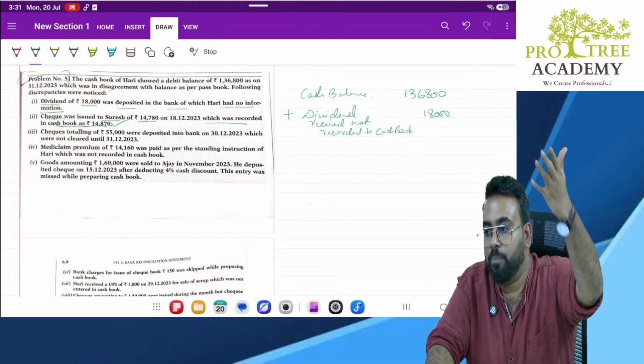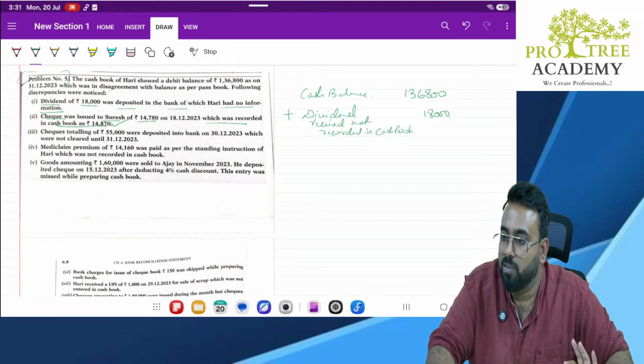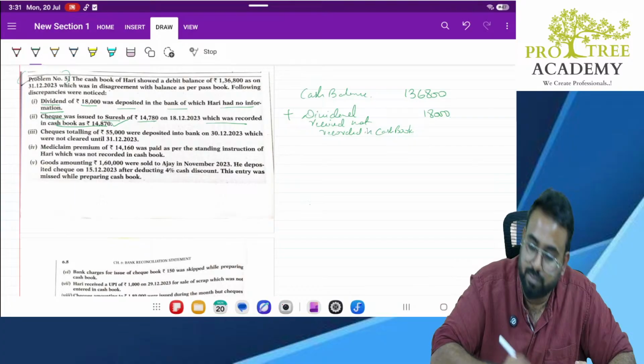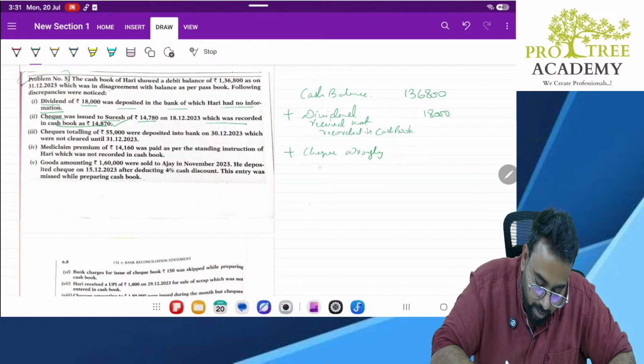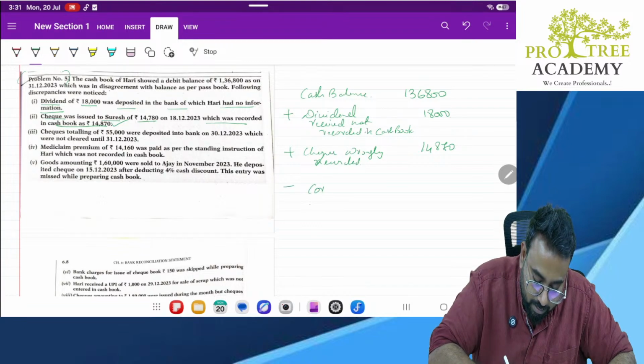I will add back. Add check wrongly recorded. How much? 14,870. Reduce correct check amount recorded, 14,780.